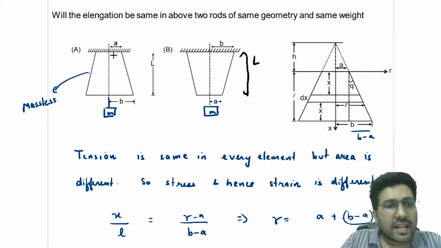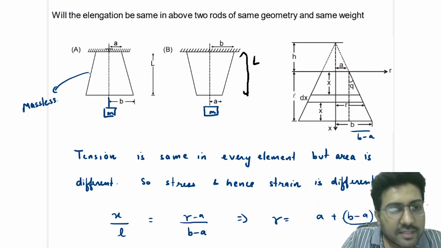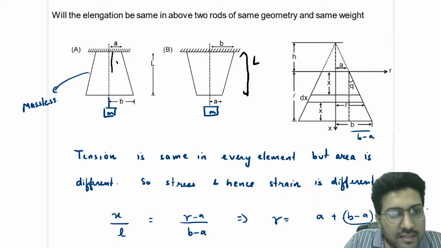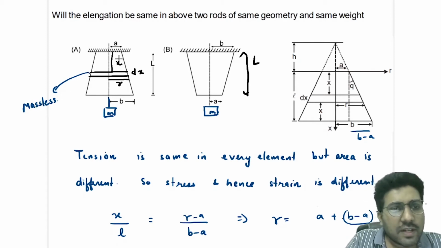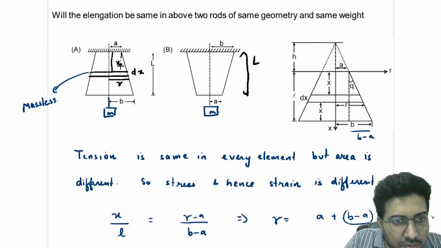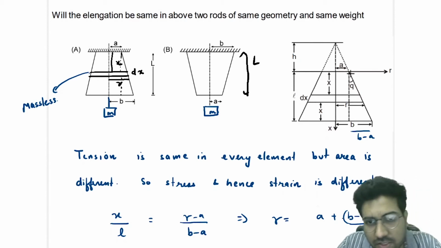Okay, so let at a distance x, let us take an element of width dx, and suppose the radius here is r. Now we will construct one triangle like this triangle here.